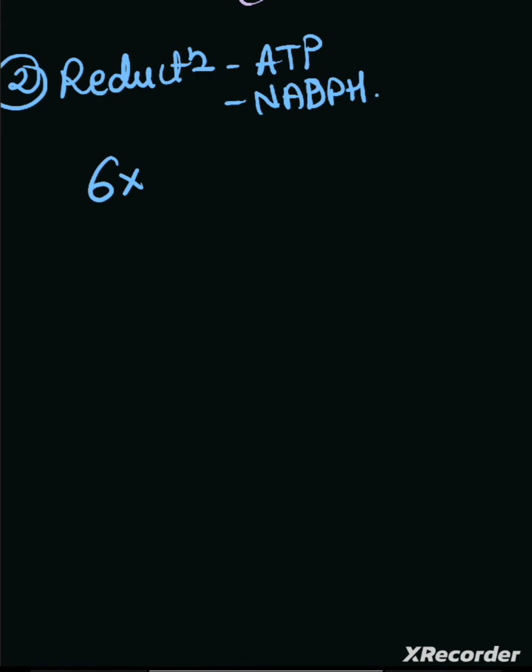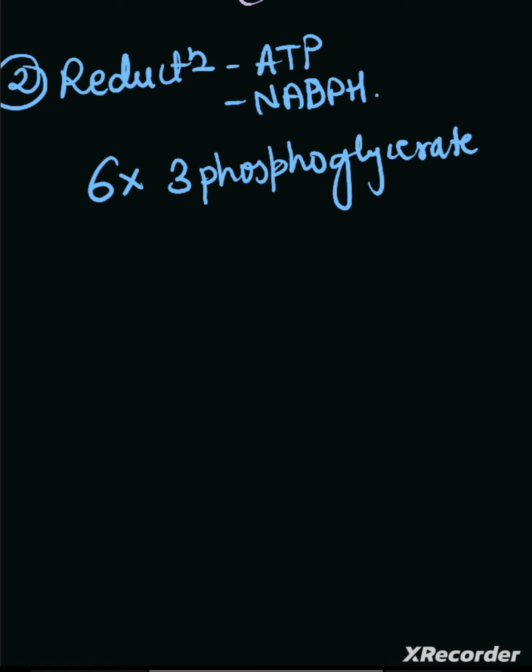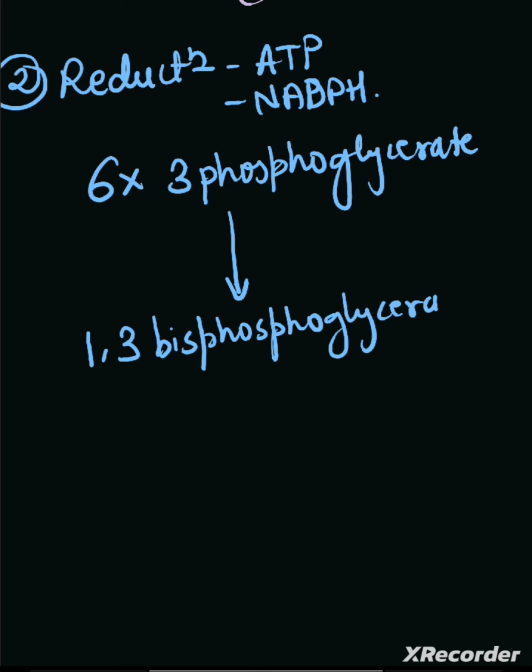So I'll write 6 into 3-phosphoglycerate, right? So these 6 molecules of 3-phosphoglycerate will now be converted, or basically phosphorylated, to 1,3 bisphosphoglycerate.